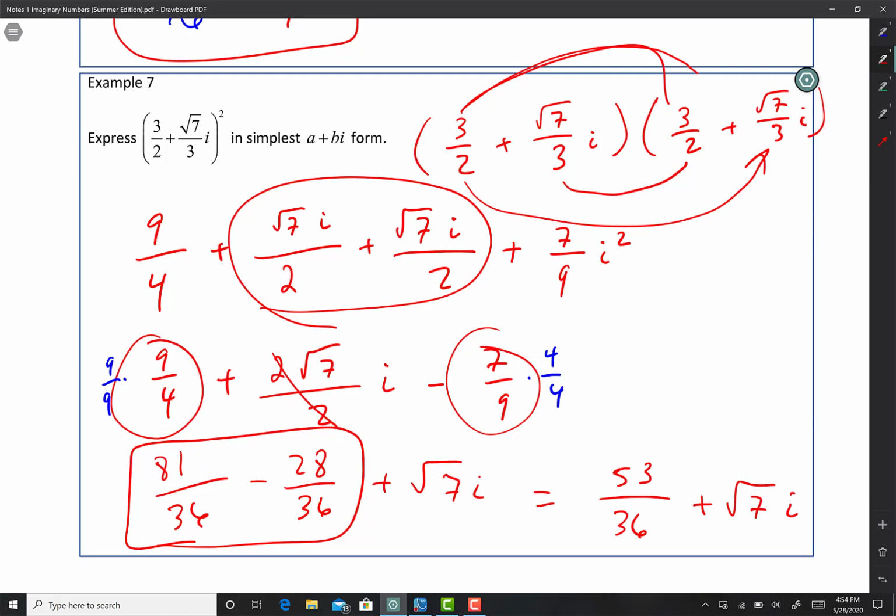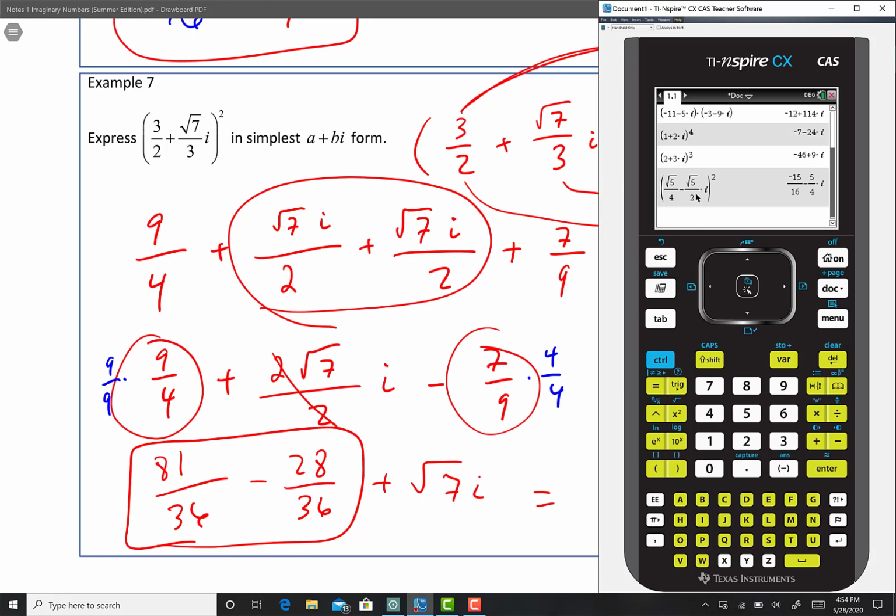Let's find out. So I'm going to take my little calculator, and I'm going to do 3 halves, so control, little division sign, 3, 2, and then here we go, plus, and then again. Yeah, this is exciting, guys, I know. Square root of 7. Oh, look at that, lame.